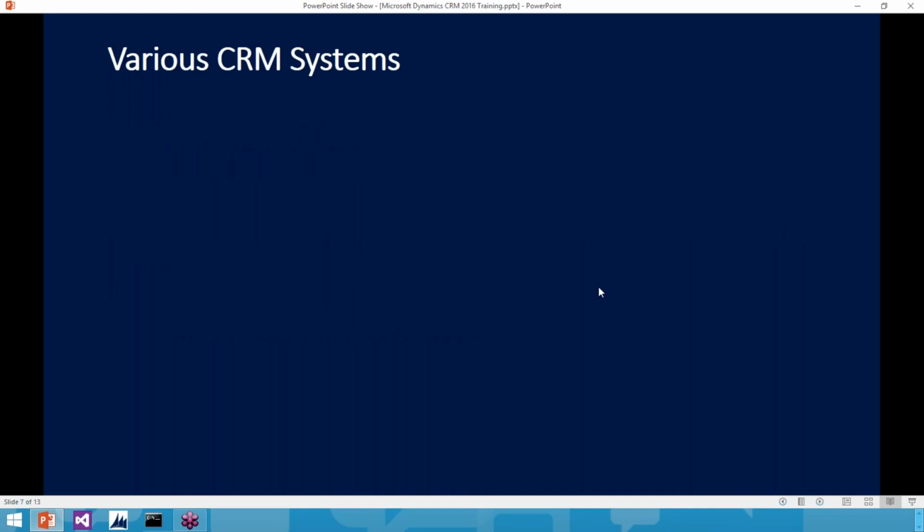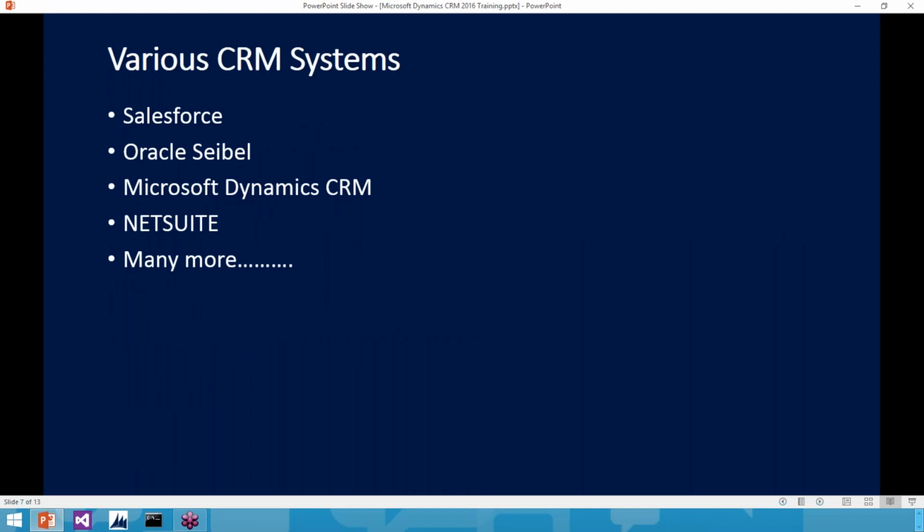All right, so let's talk about the various CRM systems we have in the market right now. These are the top 4 in the order in which I have specified. I would say Salesforce as number 1. Oracle Siebel and Salesforce are neck and neck. Microsoft CRM is definitely in the third position. NetSuite goes below the ranks and tries to come back up now and then.